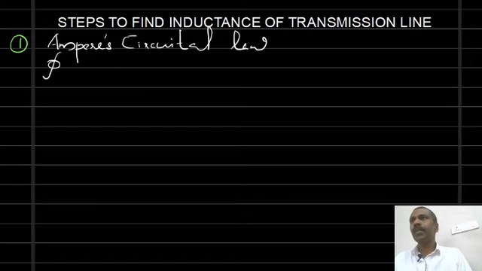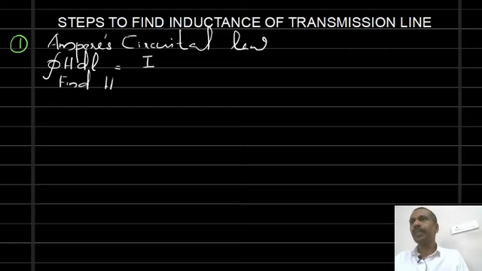Ampere's circuital law is integral H dl is equal to I. The magnetic field intensity H along any closed path equals the current enclosed by the path. This closed integral represents the closed path. And from this Ampere's circuital law, we find out H, magnetic field intensity.